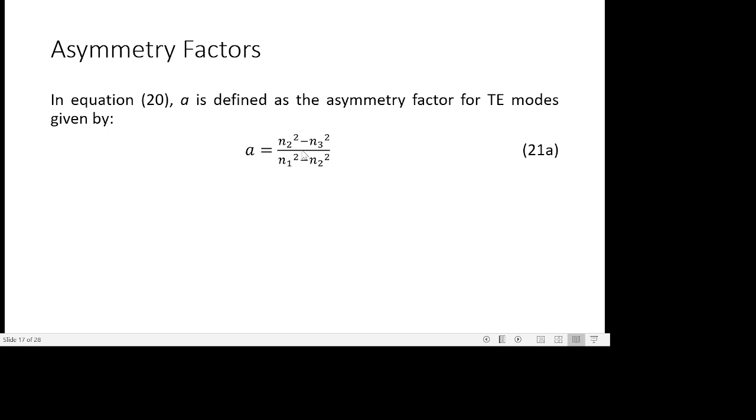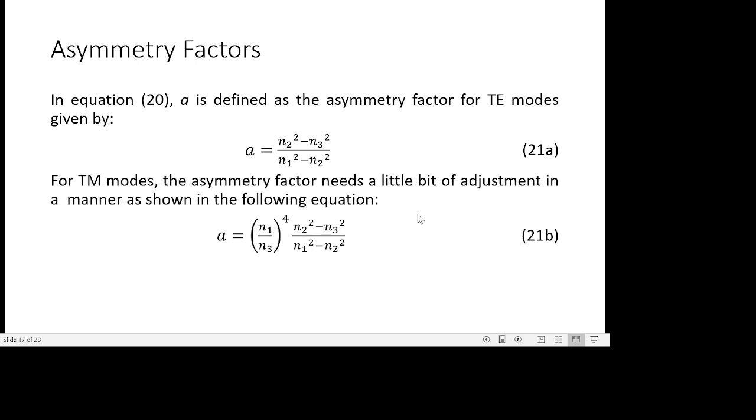And the asymmetry factor is going to be like this for TE mode. For TM mode, we have to go through a similar analysis as we did for TE mode. It's a time-consuming procedure, but the final result will be very similar, with the only exception on the value of A, the asymmetry factor.